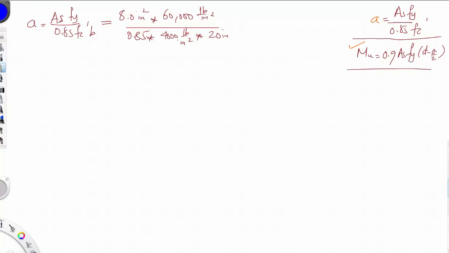So let's do the cancellation: pound per inch square will go away, and this inch and this inch is inch. So I'll be left with 7.06 inch.